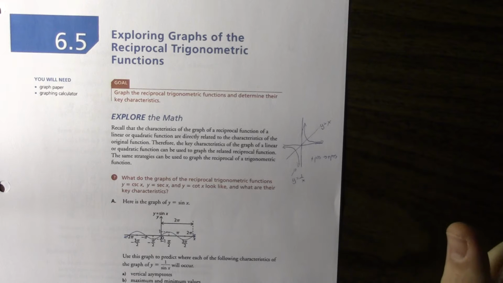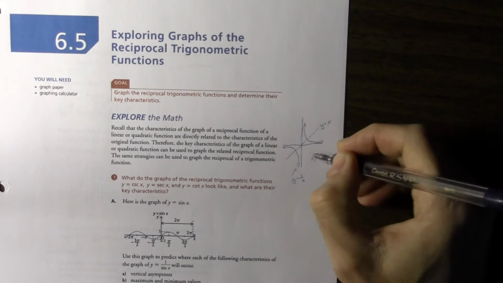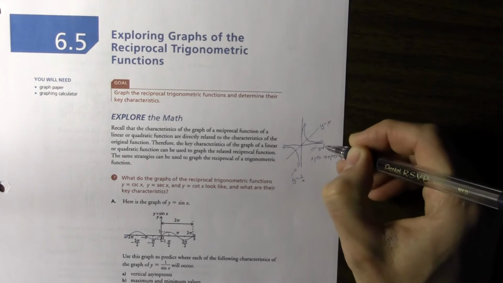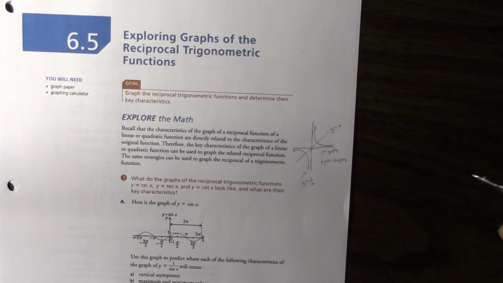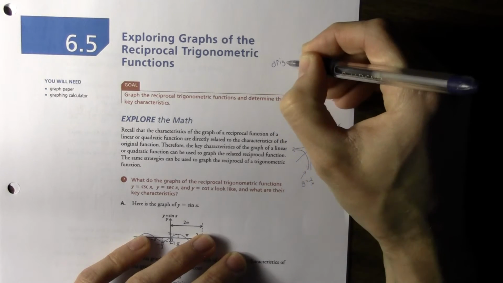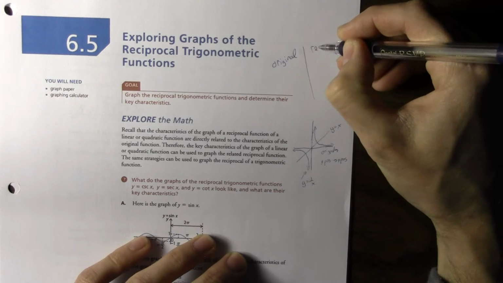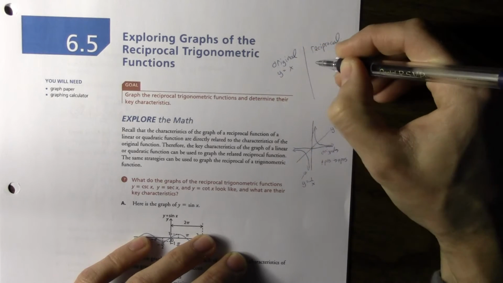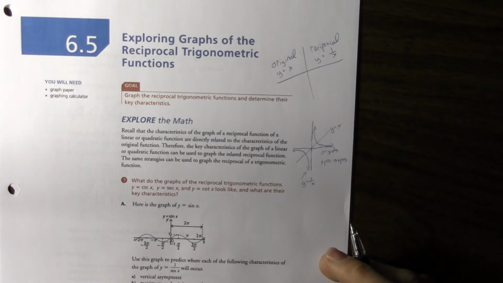Alan? The zero of the original is the vertical asymptote of the reciprocal. Excellent. It's tough to see, so let me write it over here. Original. Just doing a very quick review up here at the top.